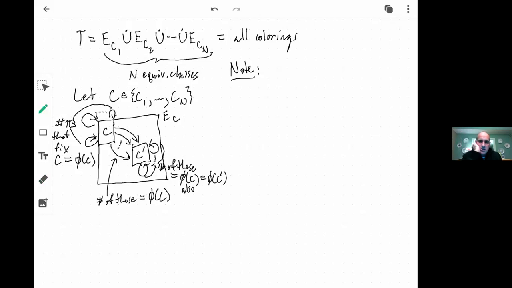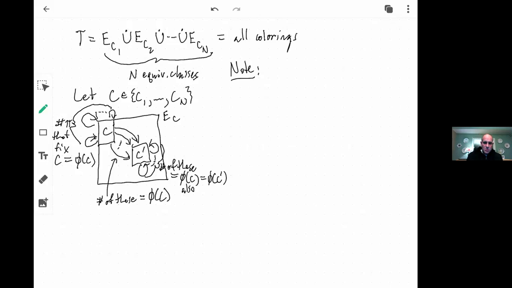What is going to happen if I actually look at the number of places that my coloring gets sent by all of the permutations in the group? Well, I'm just going to get the size of the group itself, yes? I'm just going to get the size of the group itself.